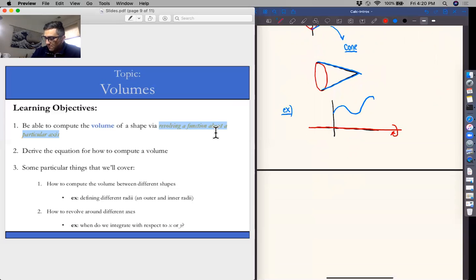So when we go ahead and revolve this function around the x-axis, it's going to trace out a more complicated shape, one that I'm willing to bet you've never thought about how to compute its volume of revolution before.